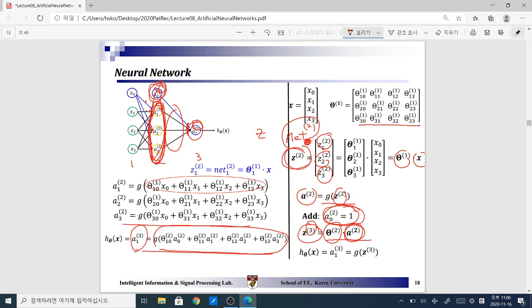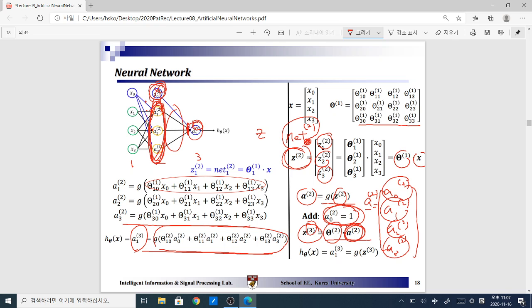Meaning that once again, A is going to be A0 of 2, A1 of 2, A2 of 2, A3 of 2. So you have 1, 2, 3, 4 elements to represent a vector.